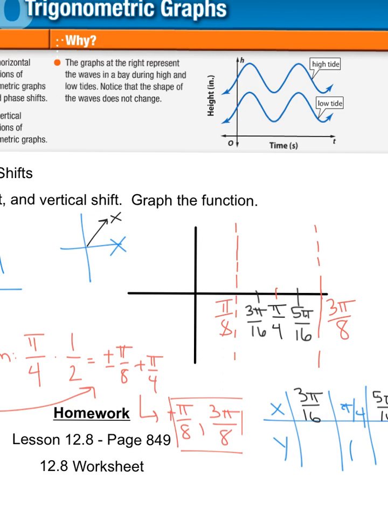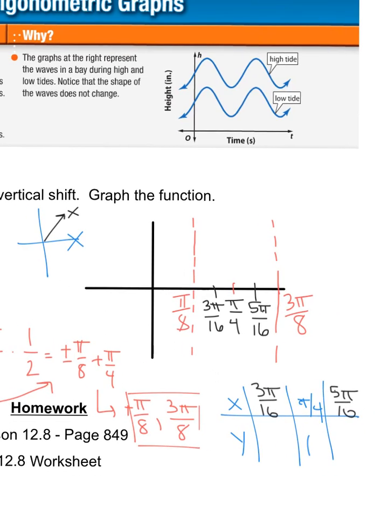So if you are filling out your table, you're going to be up at 4 here. 1, 2, 3, 4. And then pi fourths was at 1. And if you think about it, 3 pi 16ths is going to be down at negative 2.